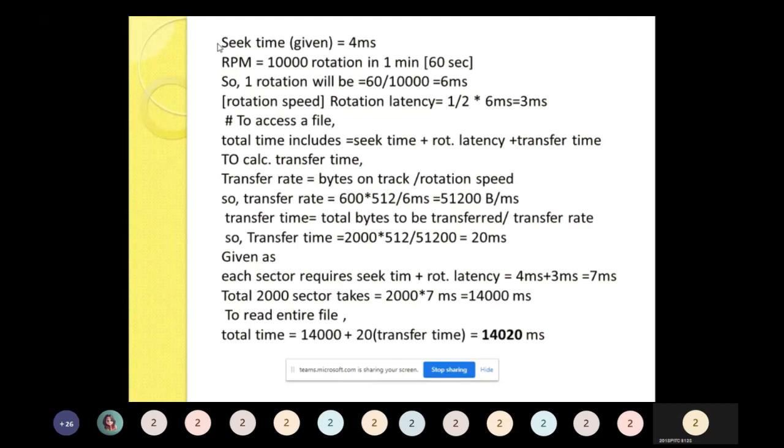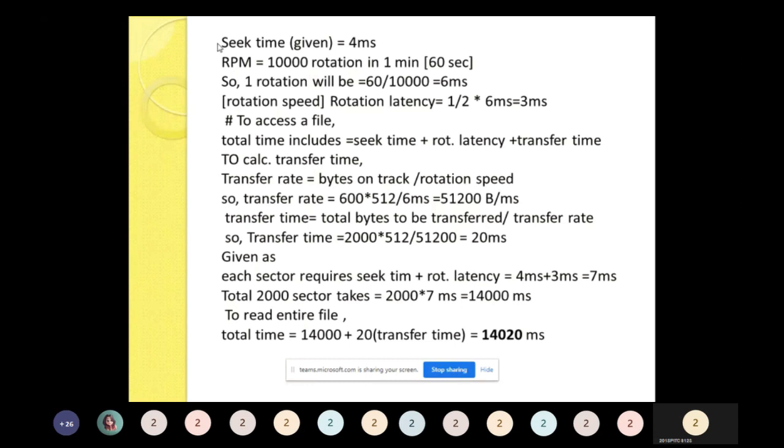The seek time is 4 milliseconds and the RPM value is 10,000, and the disk rotates at very high speed. That is the RPM, the rotation speed.